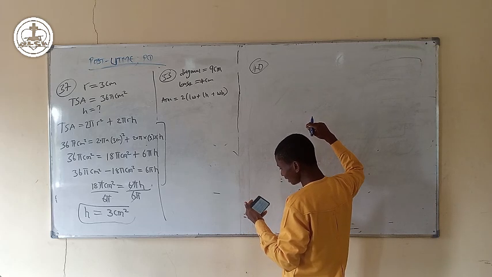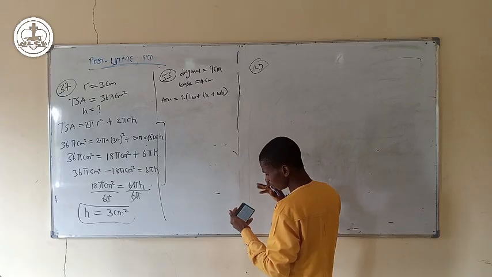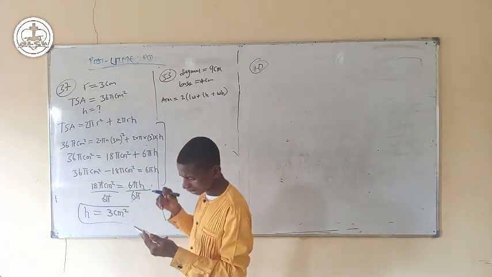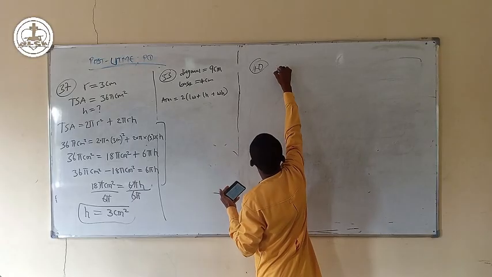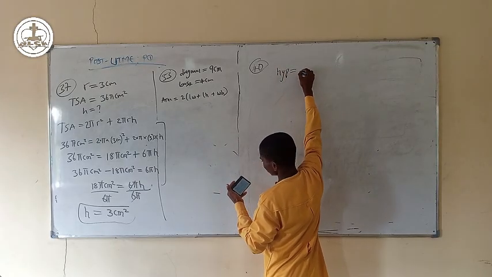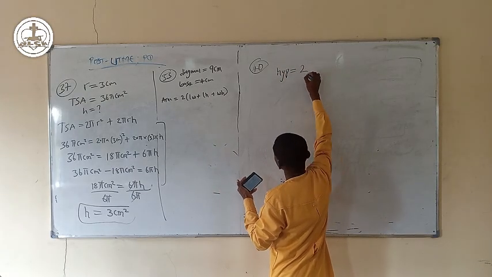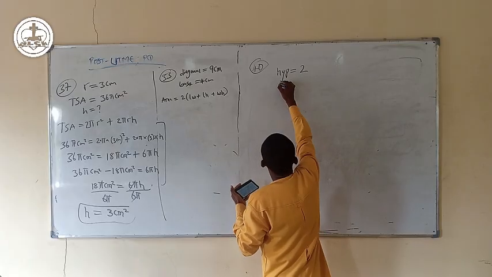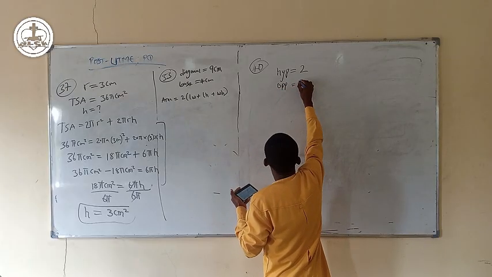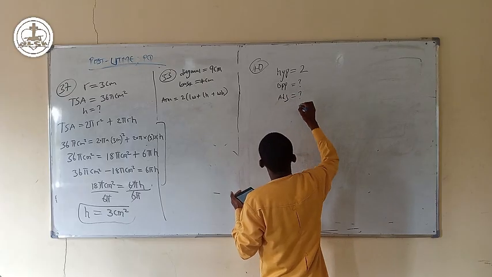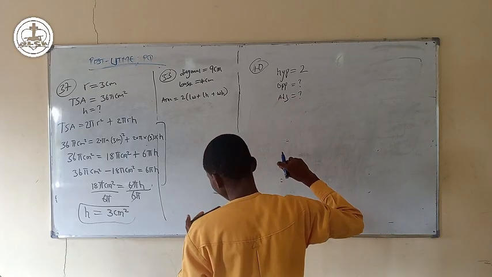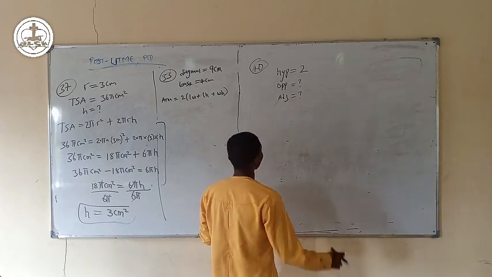What is the length of each of the other sides? Let's say the hypotenuse is 2. We have the opposite side, we don't know. Our adjacent, we don't know. What is the length of each of the other sides?